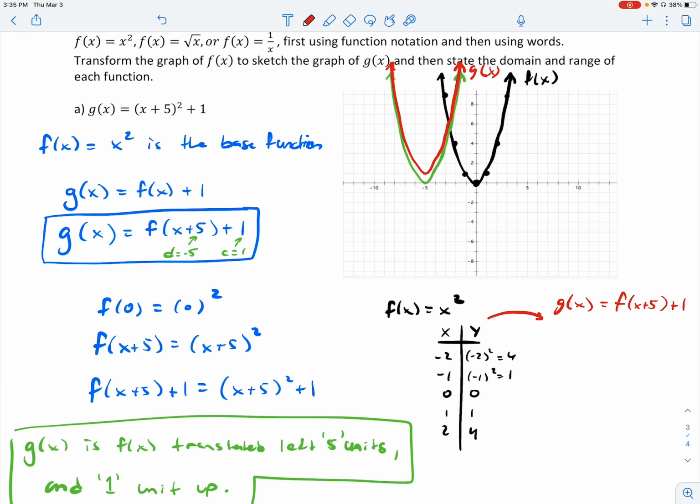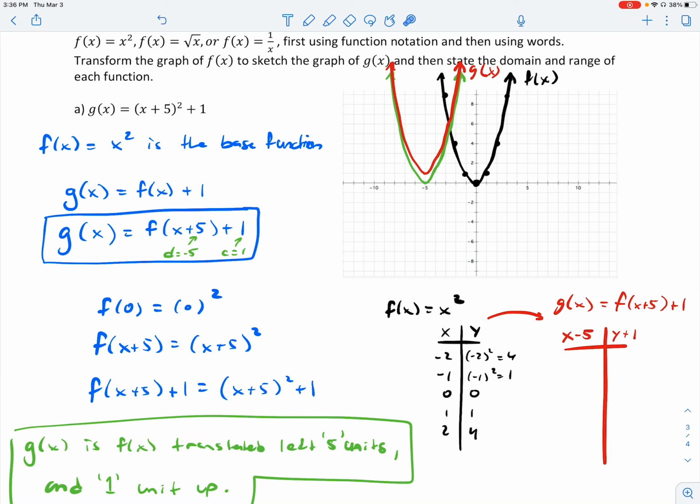So that means my x values have to go to the left 5. So we're going to write x minus 5. That way they shift to the left 5 units. And then the y values have to go up 1 because it shifts up 1 unit. So notice the green graph isn't affected by the vertical translation.